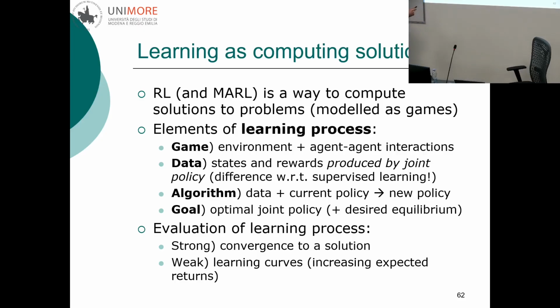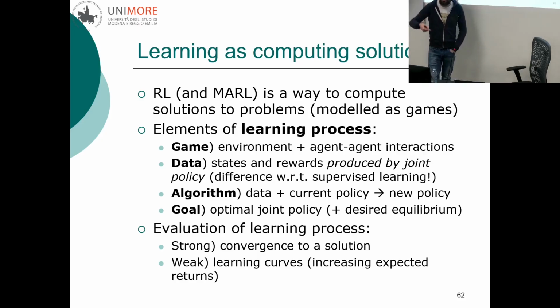To actually evaluate this learning process, like we evaluated our supervised learning model, there are basically two different approaches. One is easier, the weak one: just plot whether the agent is learning or not. Assuming that your reward function is correct, just plot the reward accumulated over training sessions.